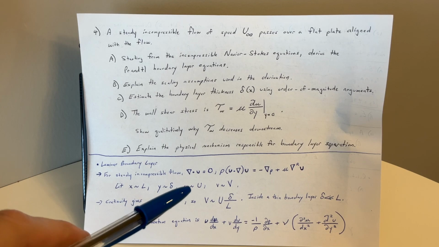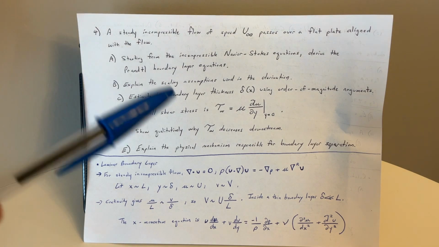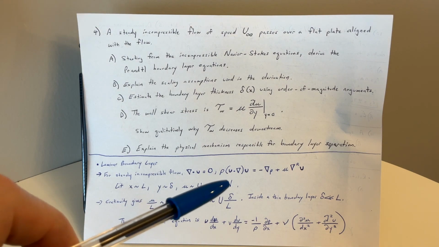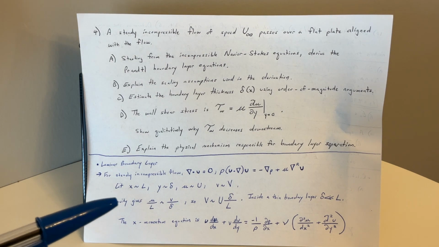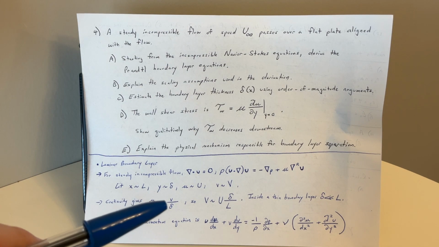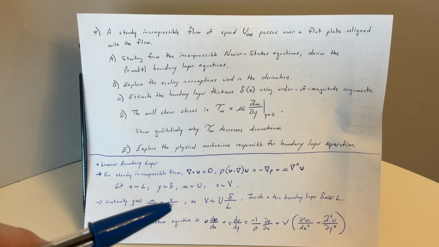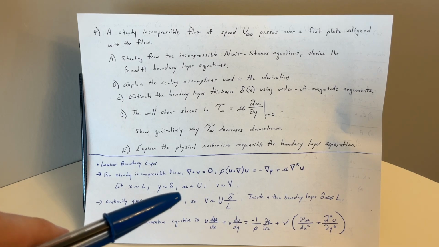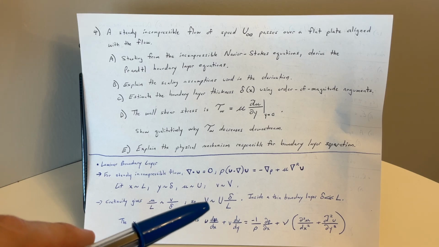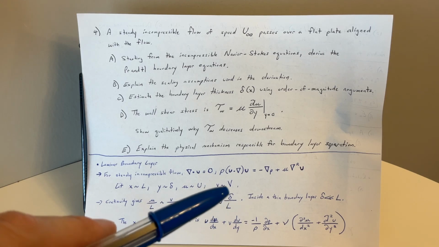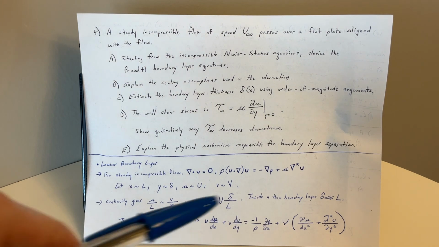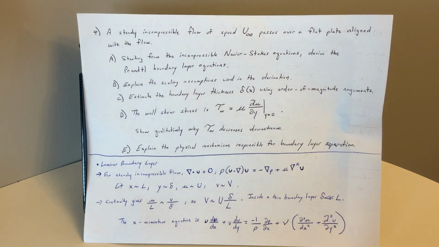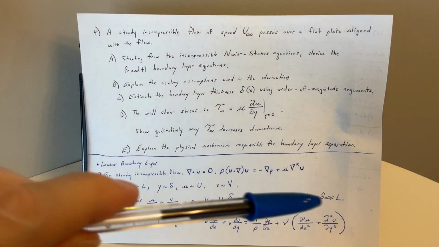And u approaching U, and then lowercase v approaching capital V. So continuity gives U over L is similar to V over delta. So uppercase V is approximately U times quantity delta over L. And inside a thin boundary layer, our delta is much, much less than L.